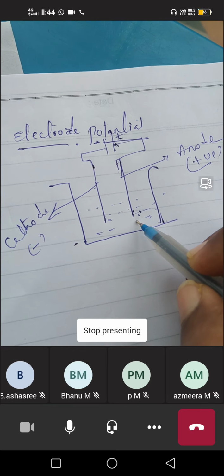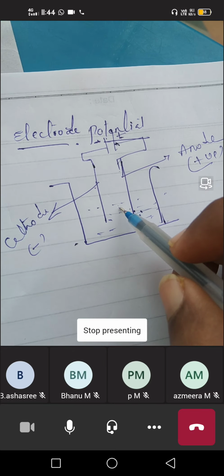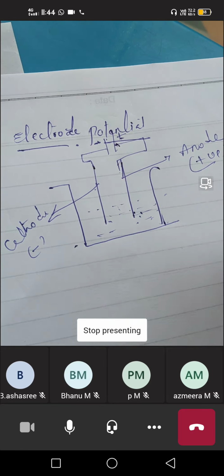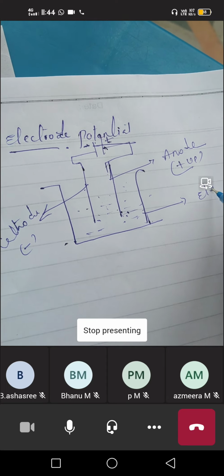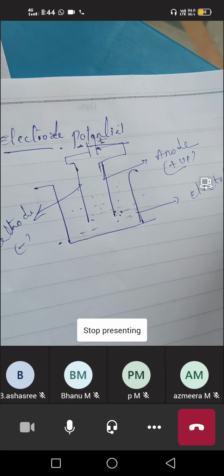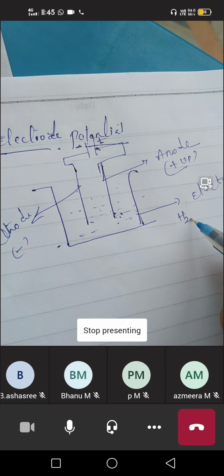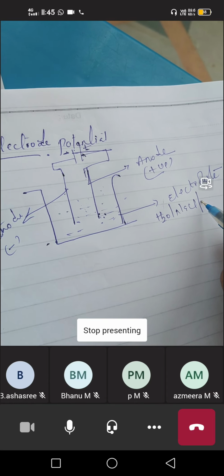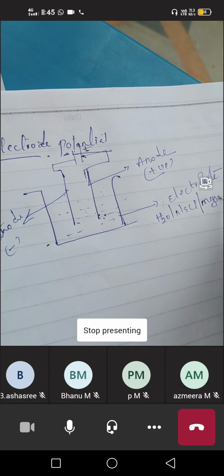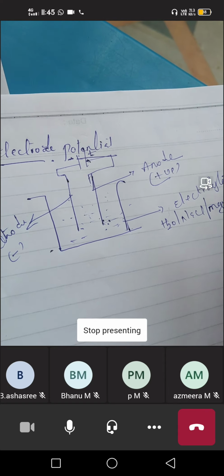The solution in which we are dipping the electrodes is called the electrolyte. This electrolyte may be water, sodium chloride solution, or salt solutions like magnesium sulfate, copper sulfate, zinc sulfate, whatever it may be.